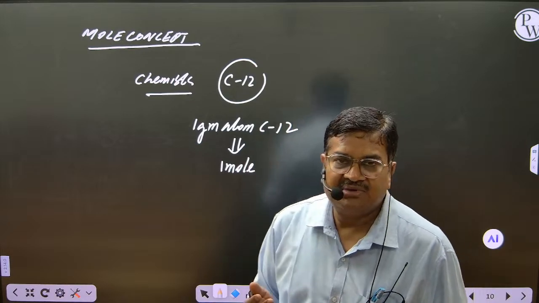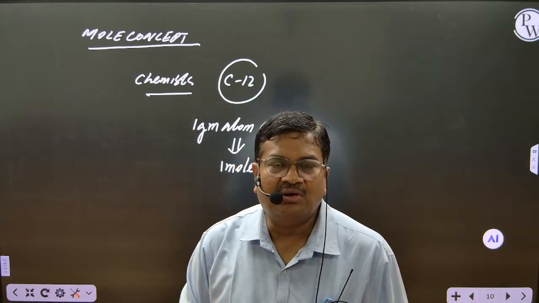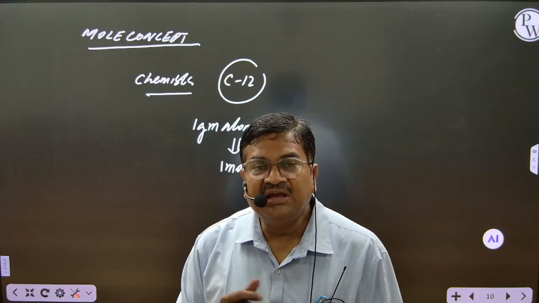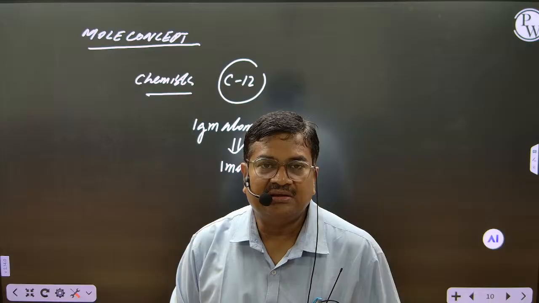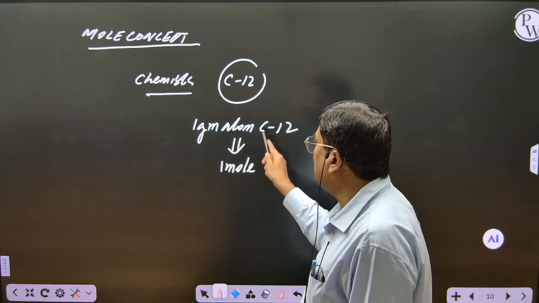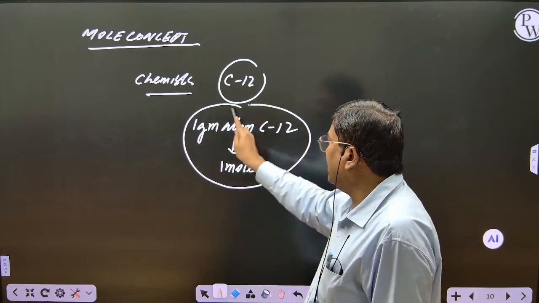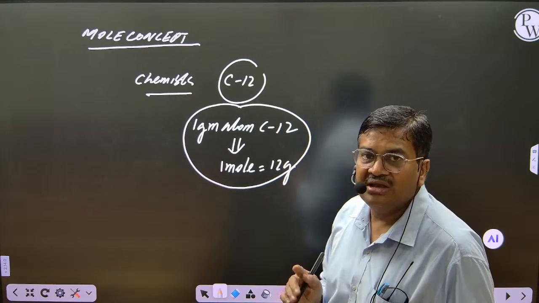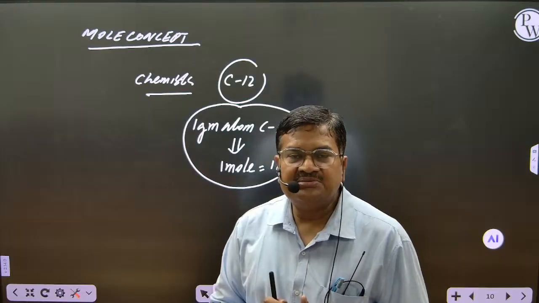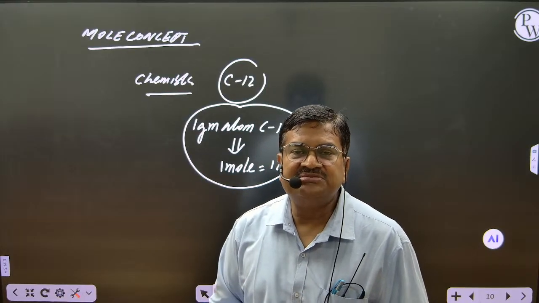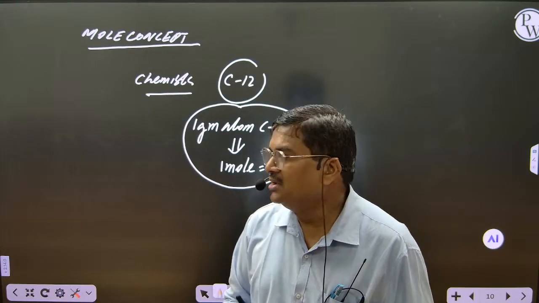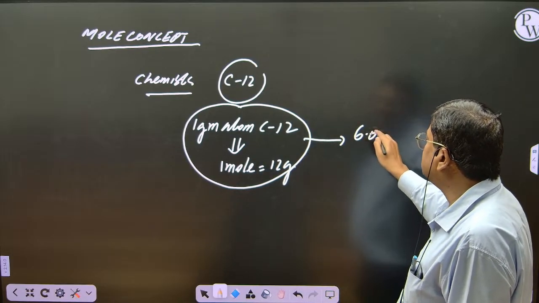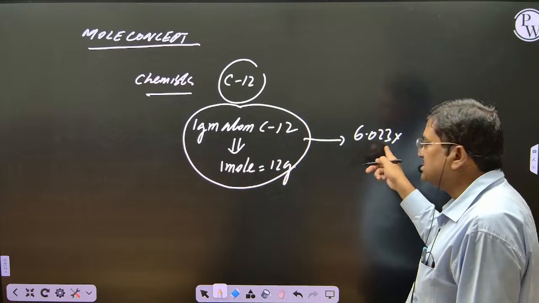In that 1 gram atom of C12, they found how many carbon atoms were present. In this 1 mole of carbon weighing 12 grams, what is the gram atomic mass of carbon? 12 grams. So in these 12 grams of carbon, they found how many atoms were present.